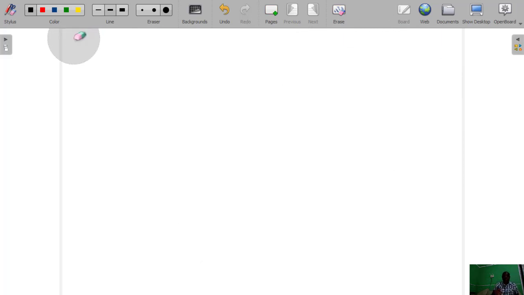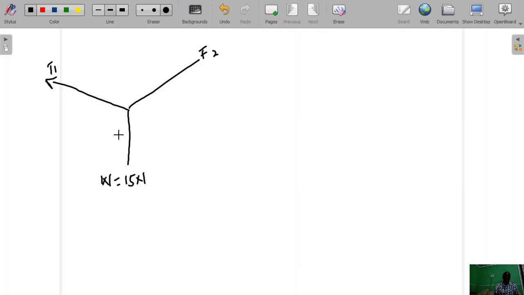So we can redraw the whole diagram this way. We have the weight which has been suspended, W is equal to 15 Newton. Then we have tension 1, and then tension 2. What we will notice is that in the first diagram, this line was there.